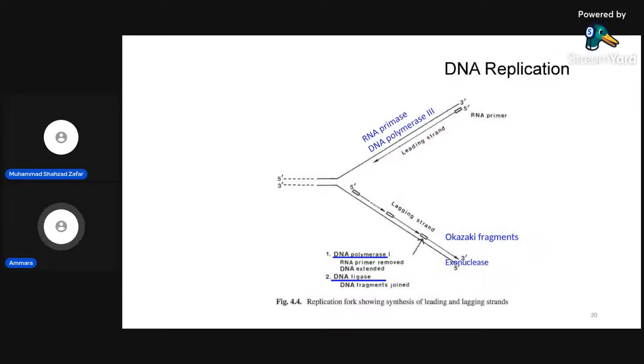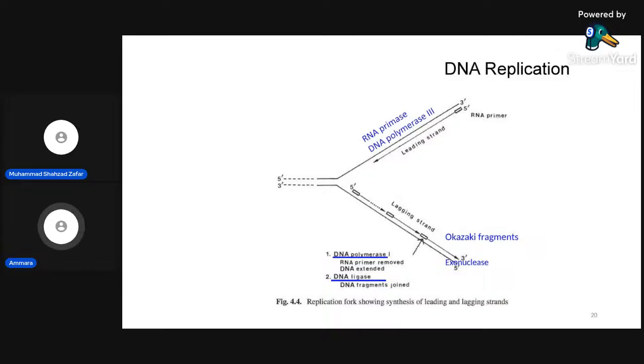So in DNA replication we generate a copy of DNA from DNA. How will we generate that copy? As we discussed, the structure of DNA is a double helix comprising two strands interconnected with each other through hydrogen bonds.